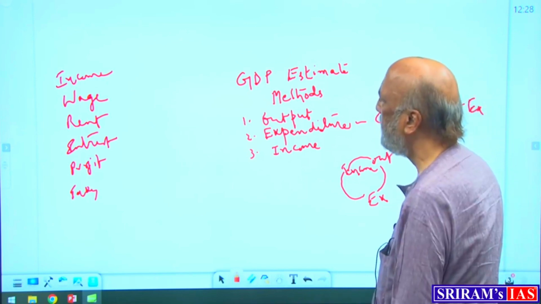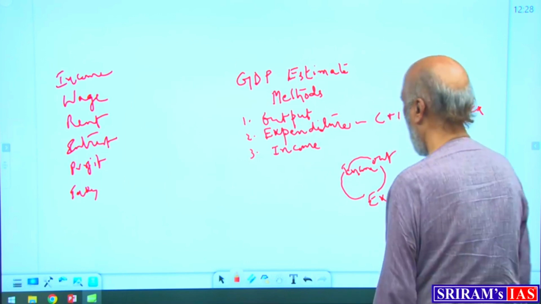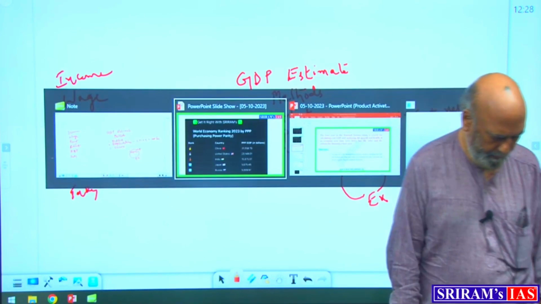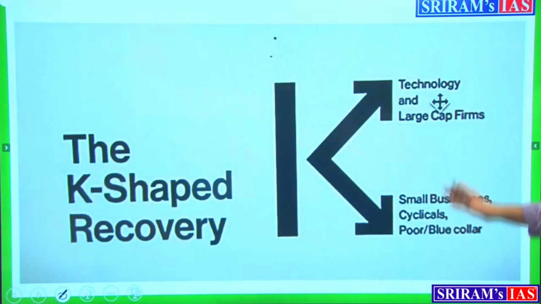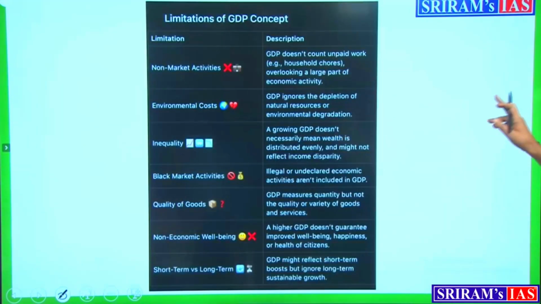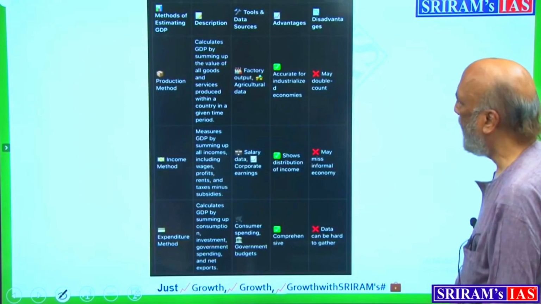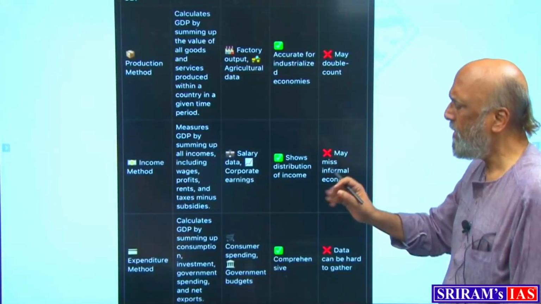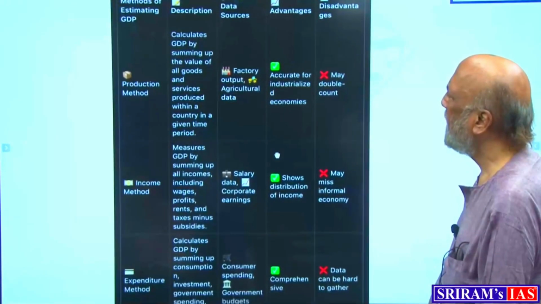So, can we show some graphics? I hope it's clear. I will come to the shapes. Yes, this is your notes, you guys make notes.